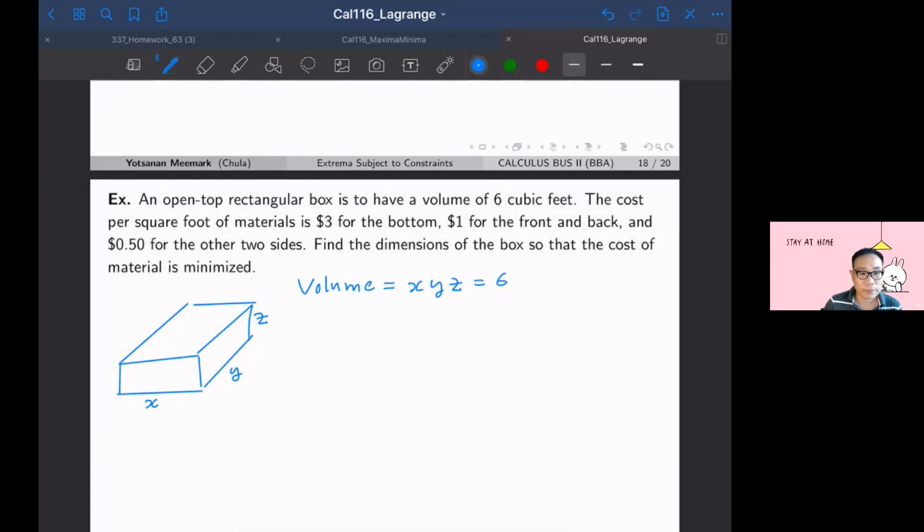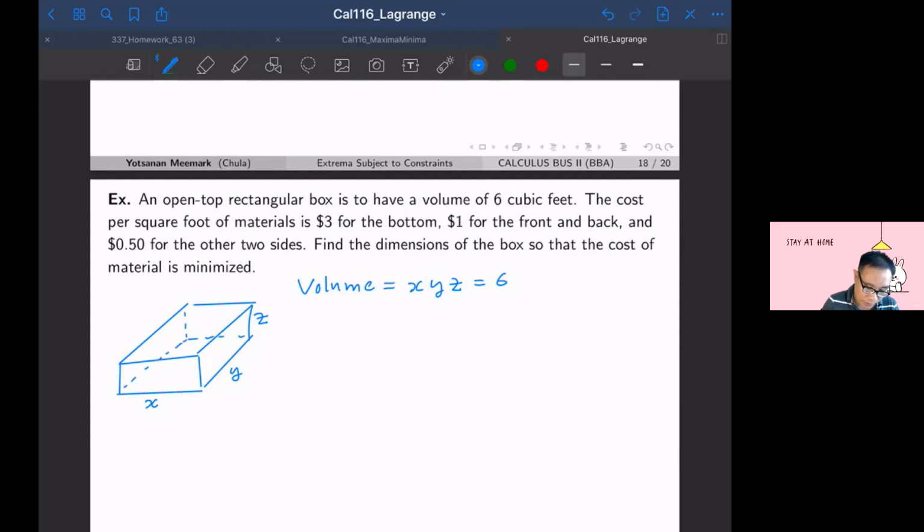And the cost per square foot of materials is $3 for the bottom. So you need to see the bottom a little bit.